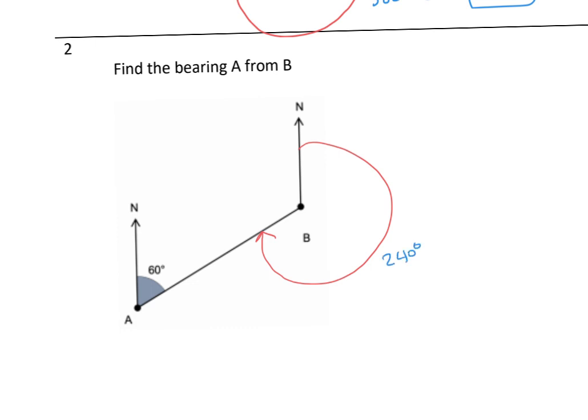Or you can say that if this angle is 60, this angle is 180 minus 60, so 120. Now 360 minus 120, 240. You get the same. So bearing A from B, the angle from the north clockwise, is 240. Understood?